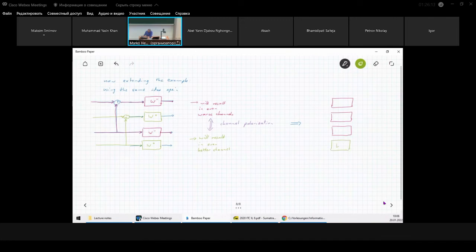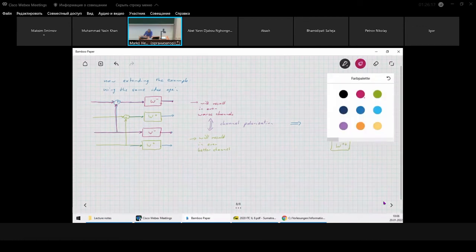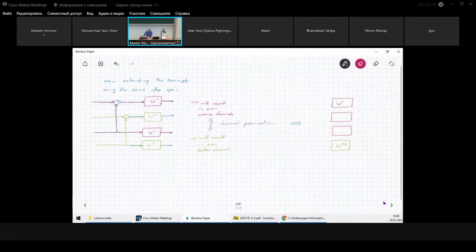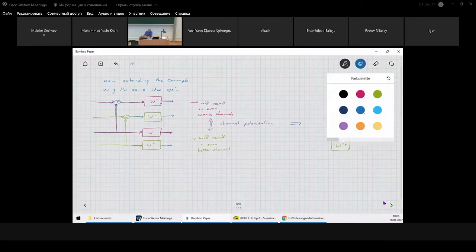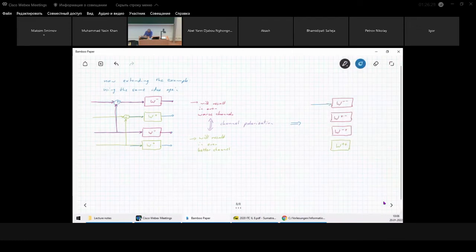So we will get a W plus plus channel, a W minus minus channel, plus minus and a W plus plus. Again, including this new precoding network now in the artificial channels.